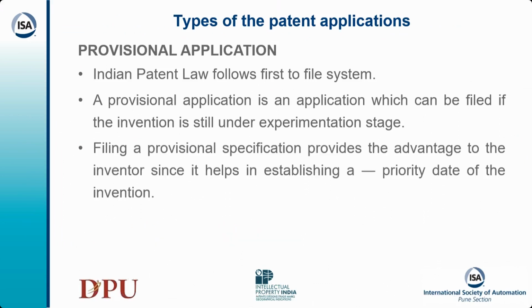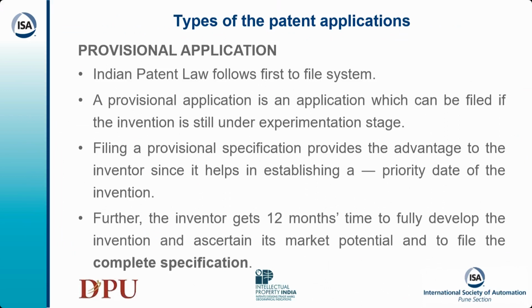Filing the provisional specification provides an advantage to the inventor since it helps in establishing a priority date of invention. If somebody files an application of a similar kind after your filing, then your right will be retained. This is very important. That's why whenever we have an idea or concept in mind, you can file the provisional application before you go for the finalization of it.